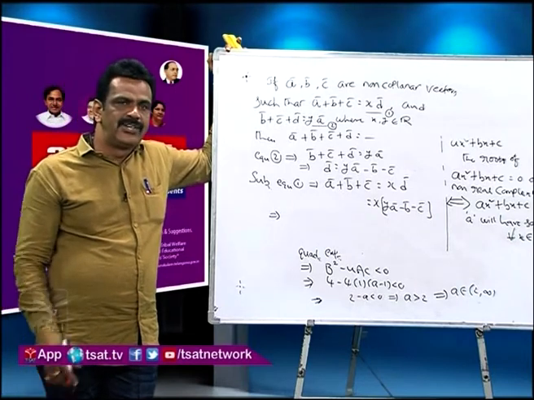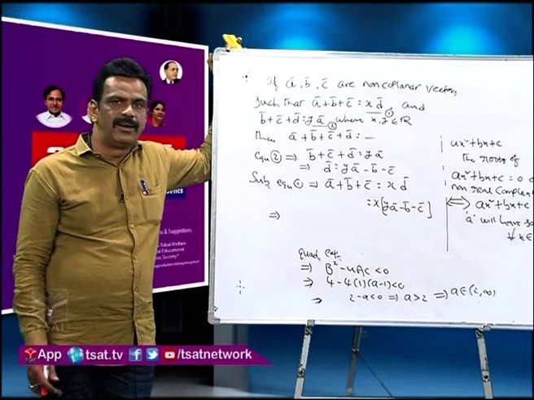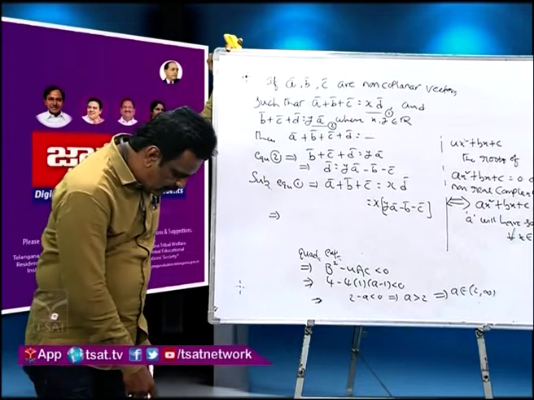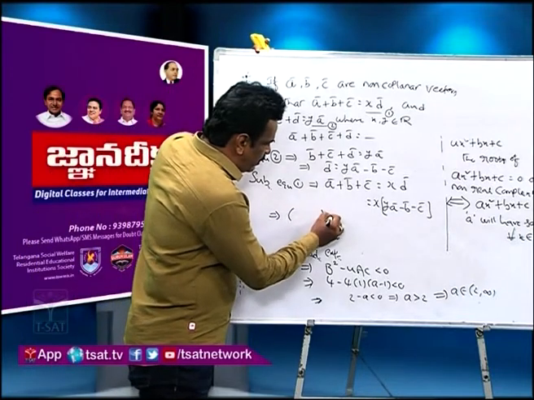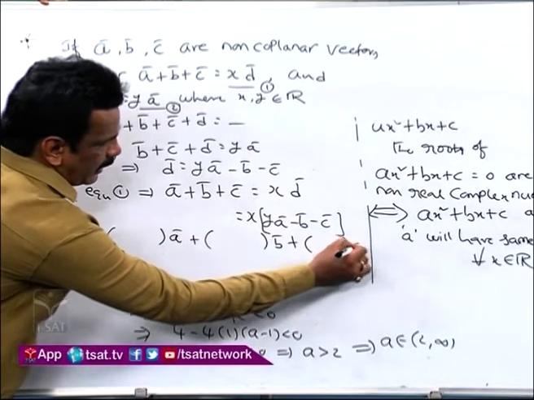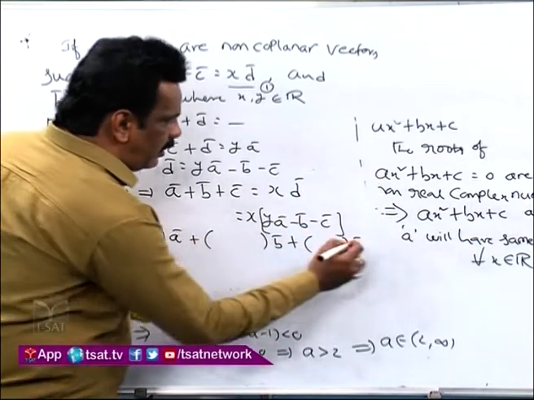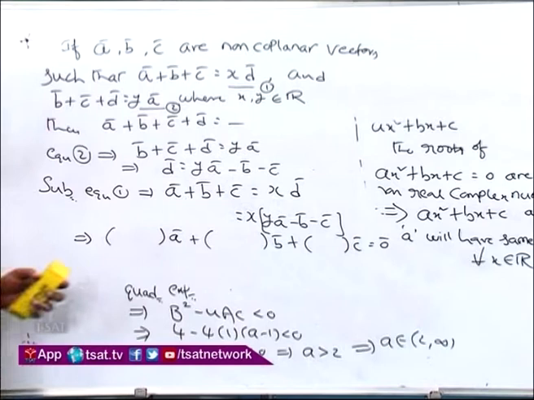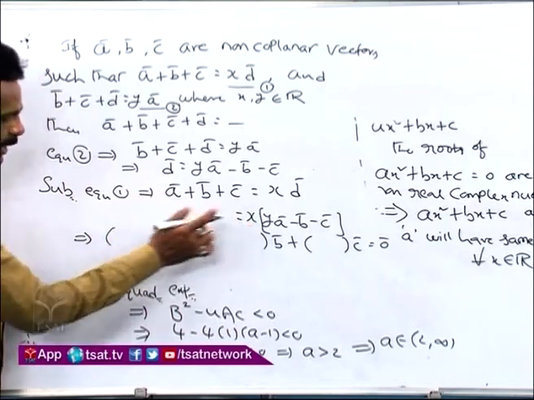For the independence condition, the linear combination of the vectors A bar, B bar, C bar must be a null vector. As we were given here A, B, C are linearly independent, I can write here something into A bar plus something into B bar plus something into C bar equal to null vector. Means I am taking vector A bar, vector B bar, vector C bar common. So we are taking here A bar common implies 1 minus xy will come.